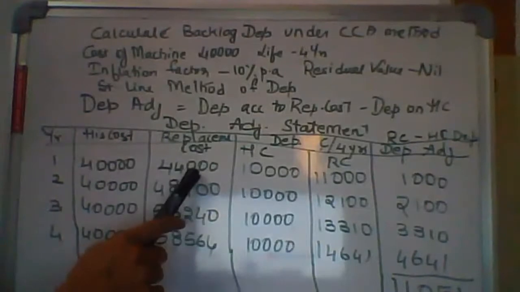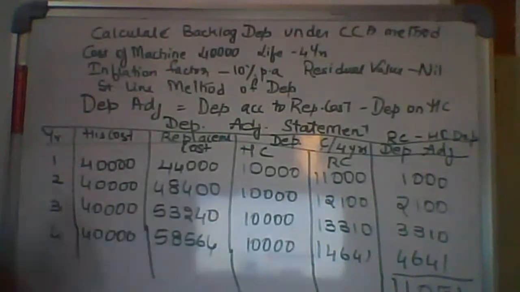Already what is the value of your asset? 44,000. On that 10%: 48,400. Again 10% increase on 48,400: 53,240. So how am I doing those calculations? Here replacement cost of year 1.